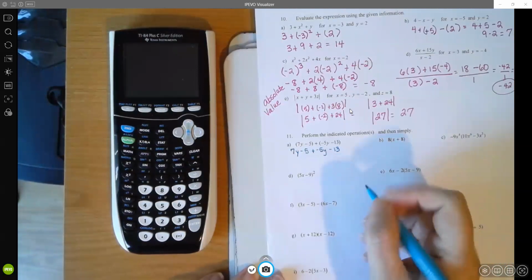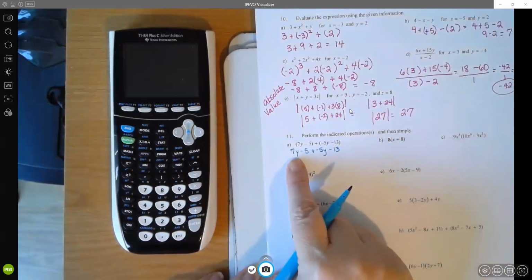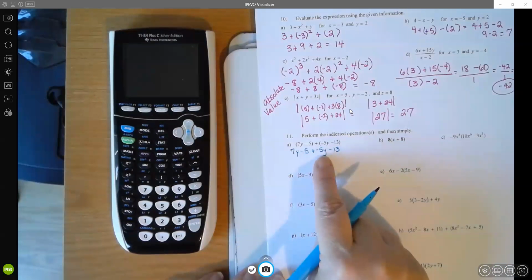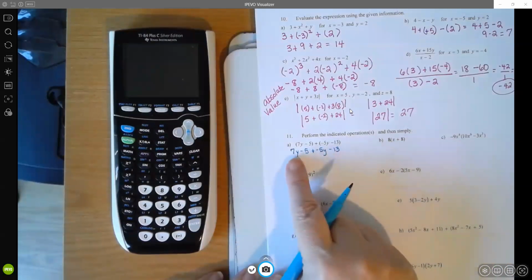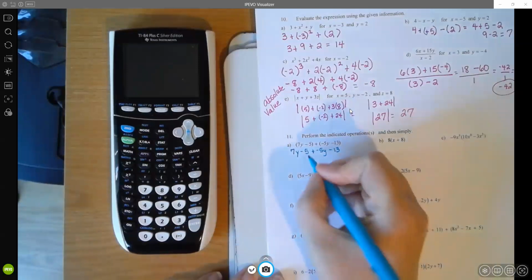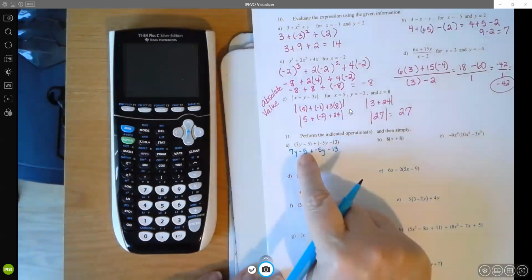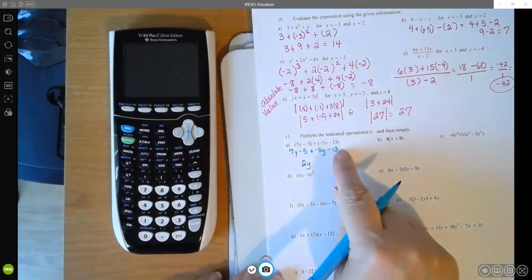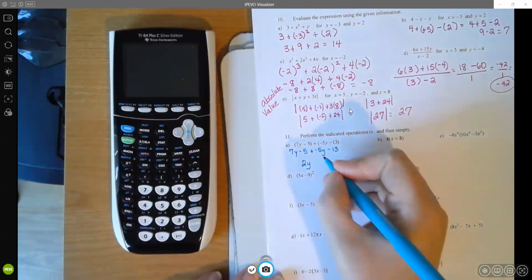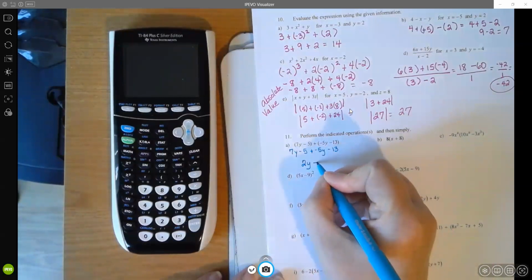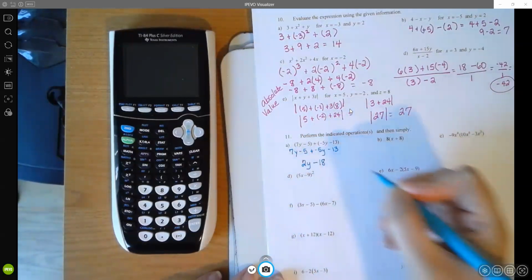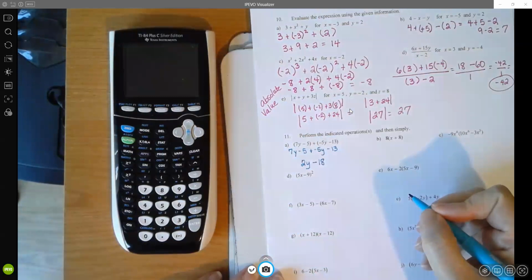And then we're looking for like terms. In this case, our 7y and our negative 5y are like terms, and 7 minus 5 would give us 2y, and negative 5 and a negative 13, because they're both negative, would mean we add those 2 terms and keep the same sign and give us minus 18.